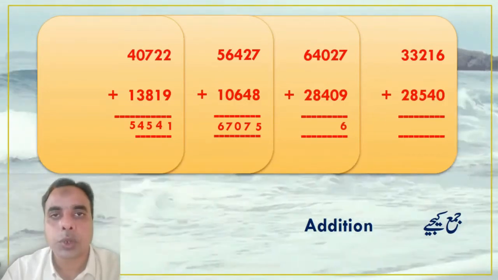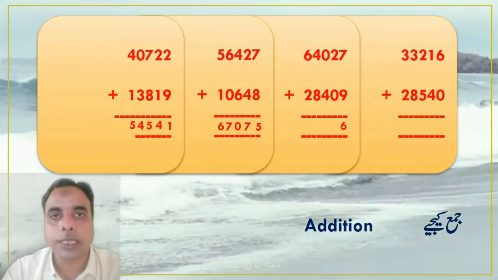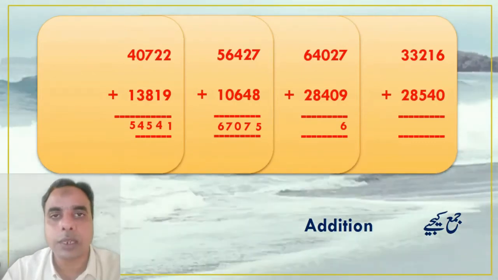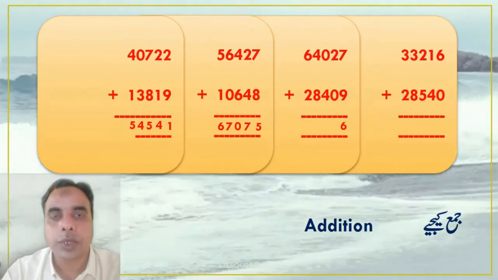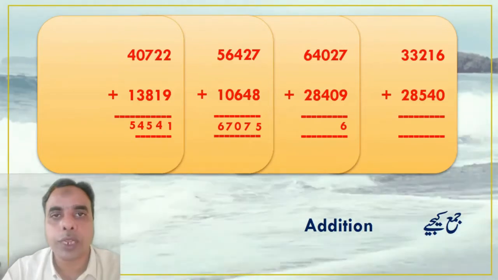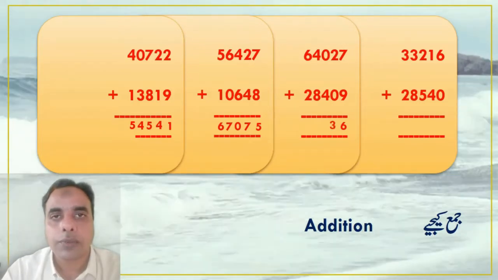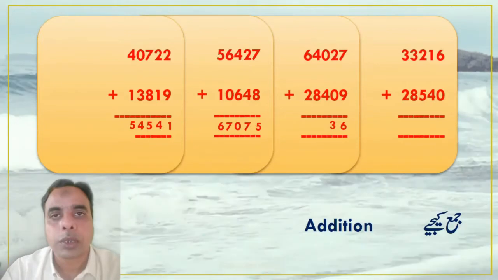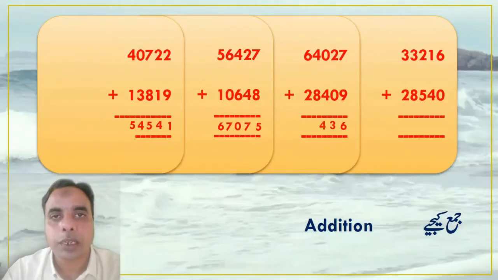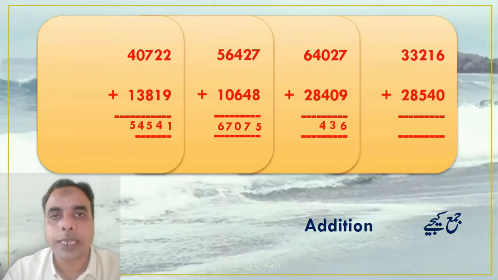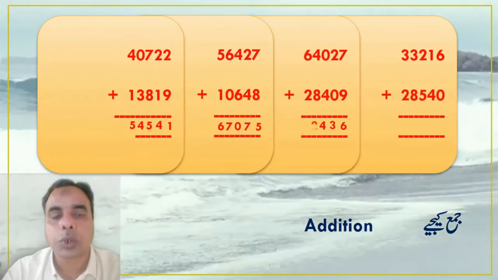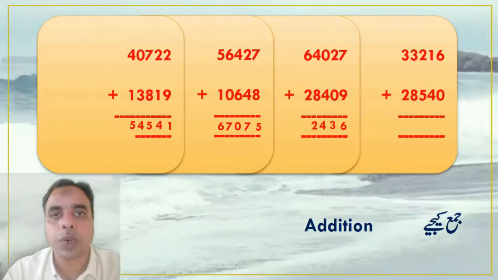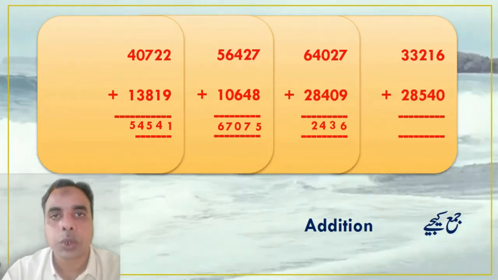Okay, so this is the second question, and the third question is we are supposed to do addition of 64,027 and 28,409. So 7 plus 9 is 16, 1 will be carried here. So 1 plus 2 is 3 and 4 will be 4 here, and 4 plus 8 is 12.